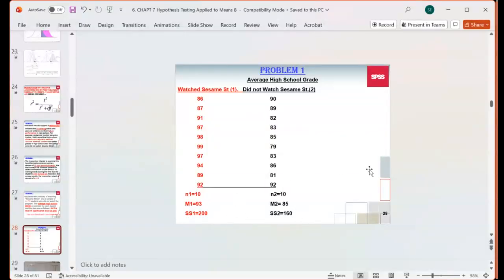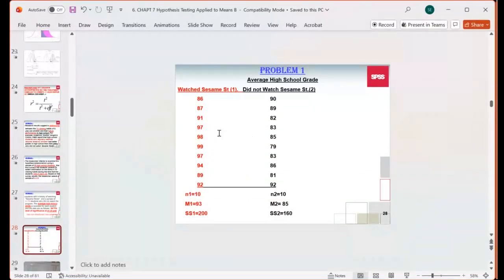So the question is, is there a significant difference between the two groups? In other words, is it really true that watching Sesame Street as a child will help you or help your child to do better in high school?